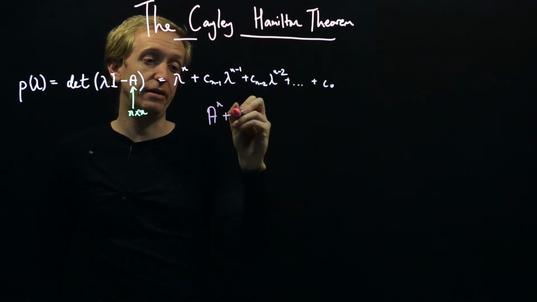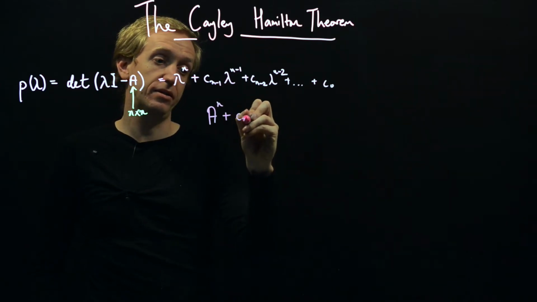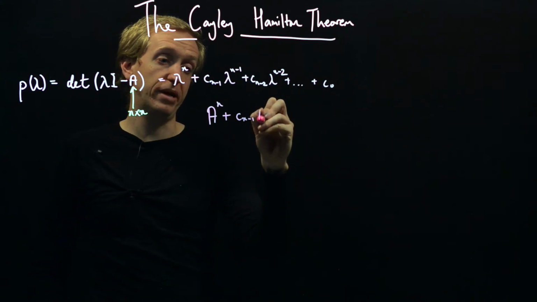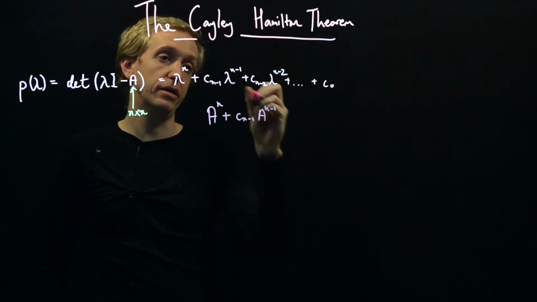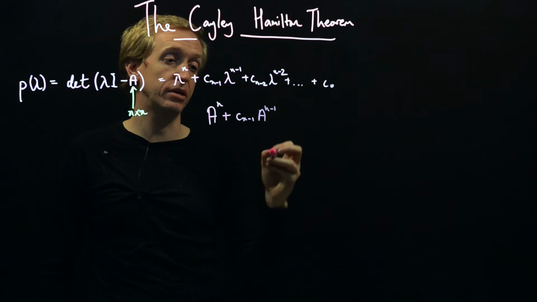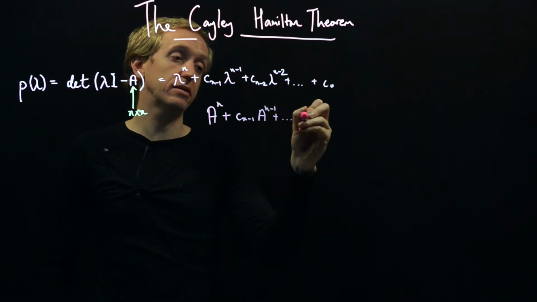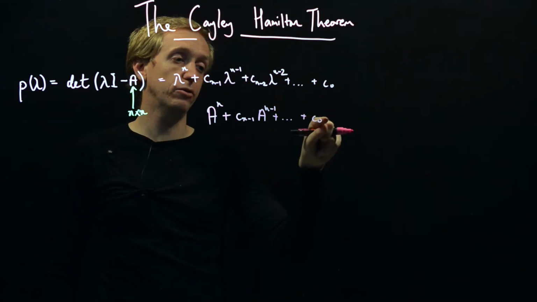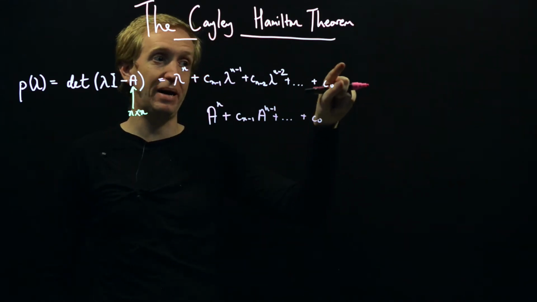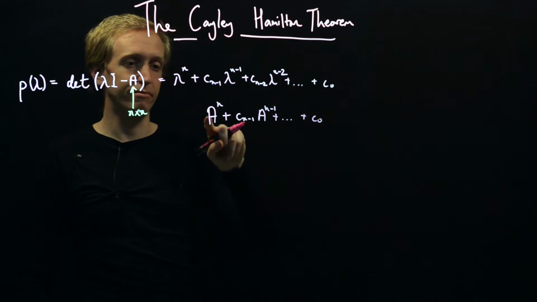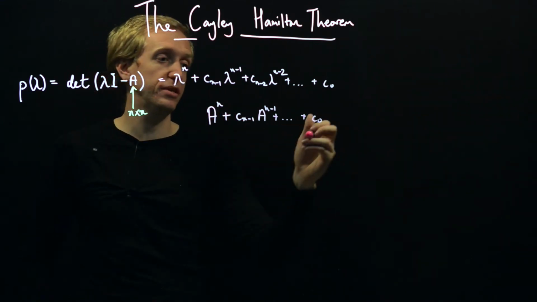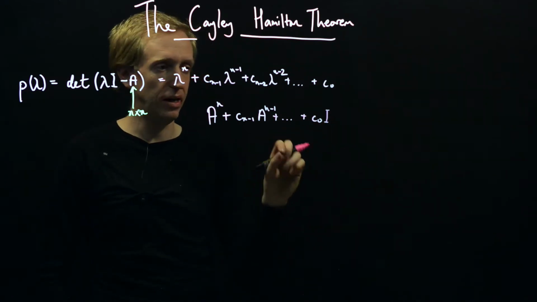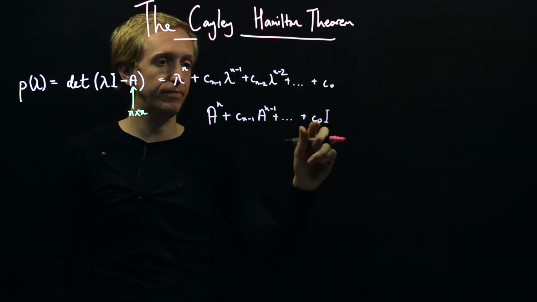To that I add this constant, which is just a number, multiplied by the matrix A to the n minus 1, because we have a lambda to the n minus 1 there, and I keep doing that right down to my constant term, so I have my C0 multiplied by lambda to the power of 0, and a matrix raised to the power of 0 is identity, in direct analogy with the 1 by 1 case.